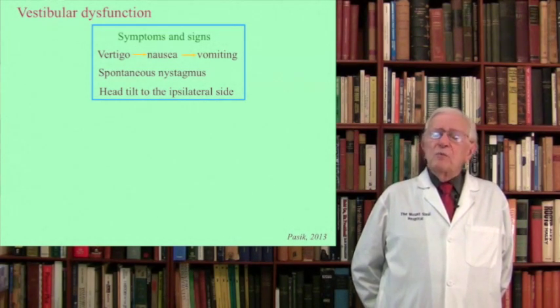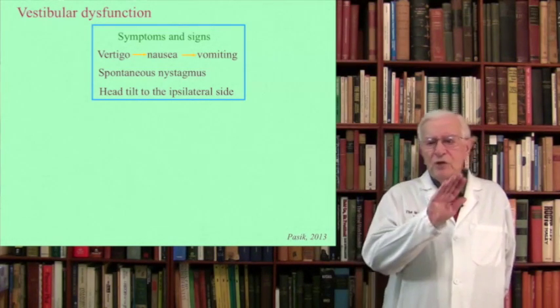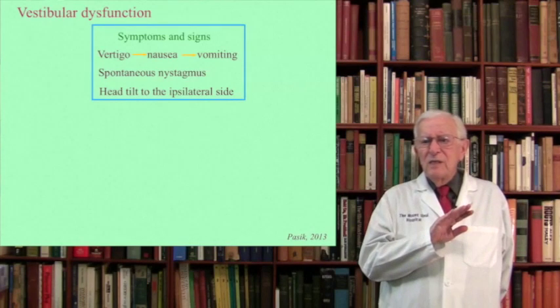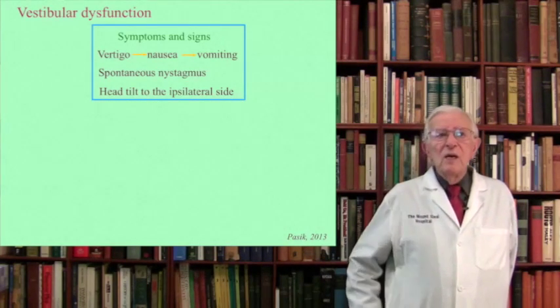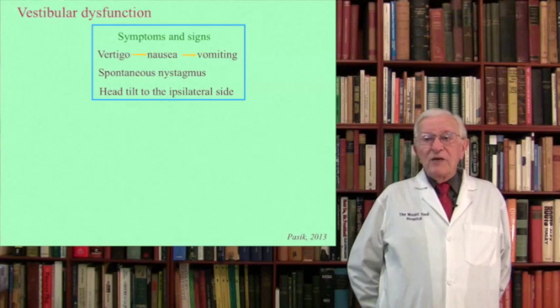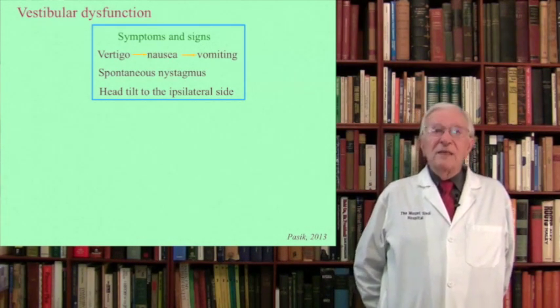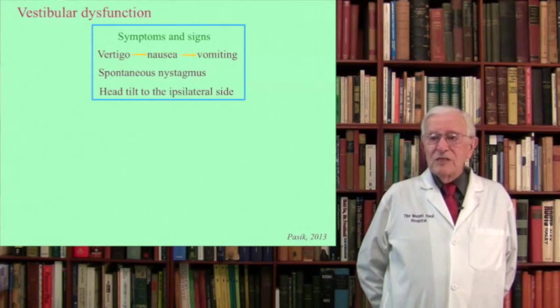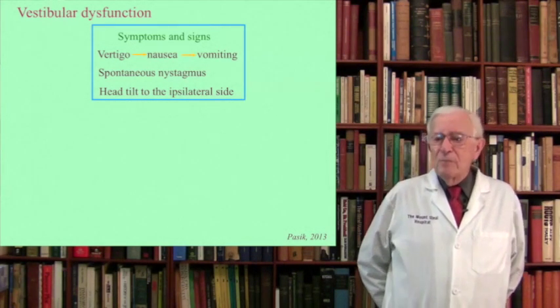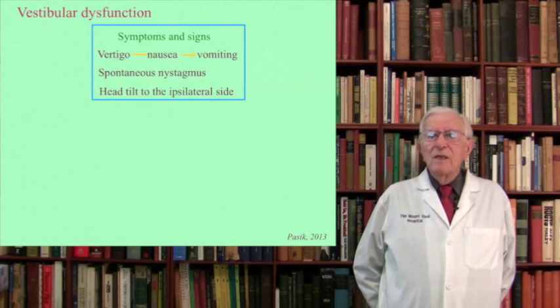In addition, you have spontaneous nystagmus. You know that when we talk about nystagmus, these alternating slow and fast phases of the jerky eye movements that we elicited by rotation or by caloric stimulation in the normal, but there can be a spontaneous nystagmus in somebody that has a problem with the vestibular system. Right?